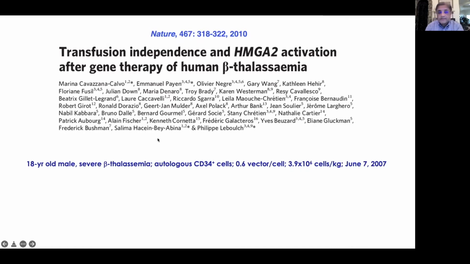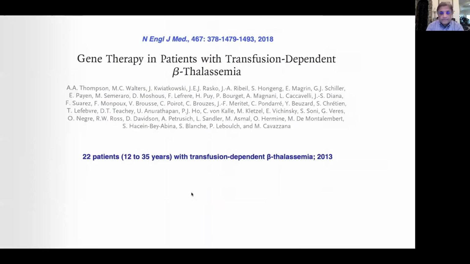So his disease, beta thalassemia, was actually cured. So this was good news. And 21 months after gene therapy, the levels of hemoglobin A reached 10 grams per deciliter. So normal is about 15. So he came very close to becoming normal. So basically he was cured of his disease.